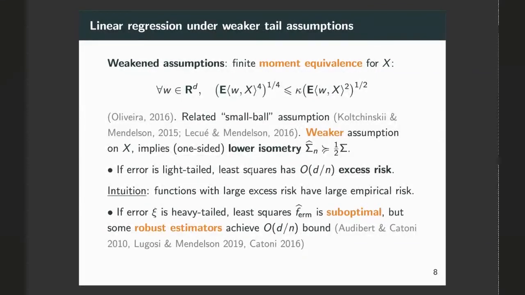But there are some alternative, more sophisticated procedures, some robust estimators. And robust here refers to the fact that we have heavy tails of the errors. So some sophisticated estimators will achieve the D over N bound. And this was a line of work which was initiated by Audibert and Catoni, and there are some other references: Lugosi and Mendelson, as well as Catoni.